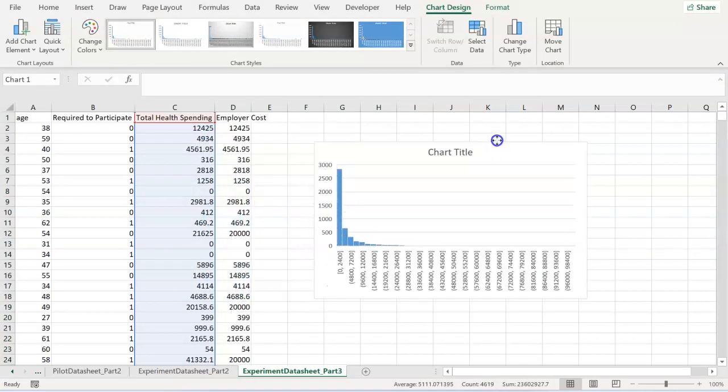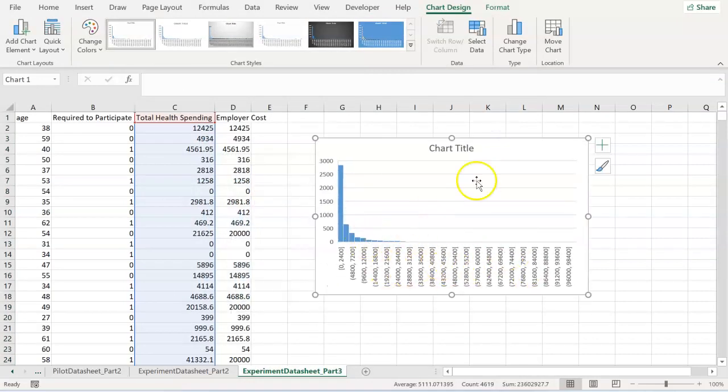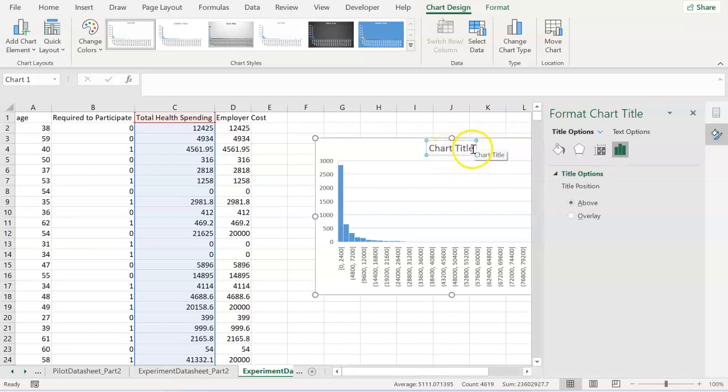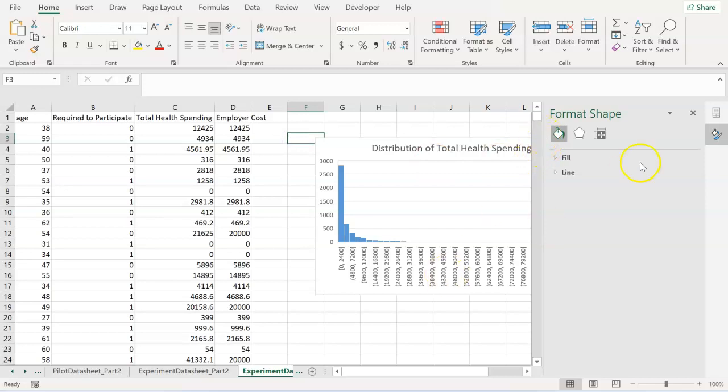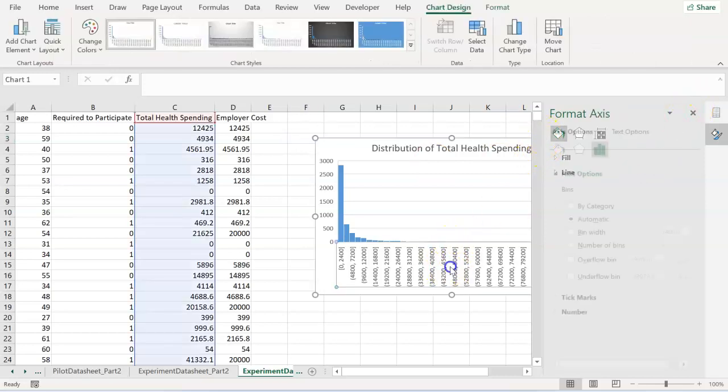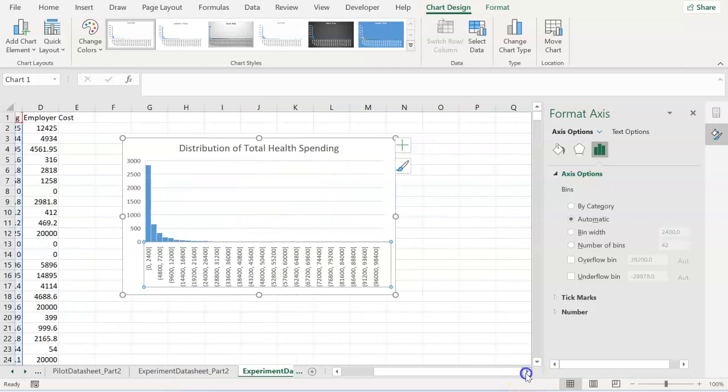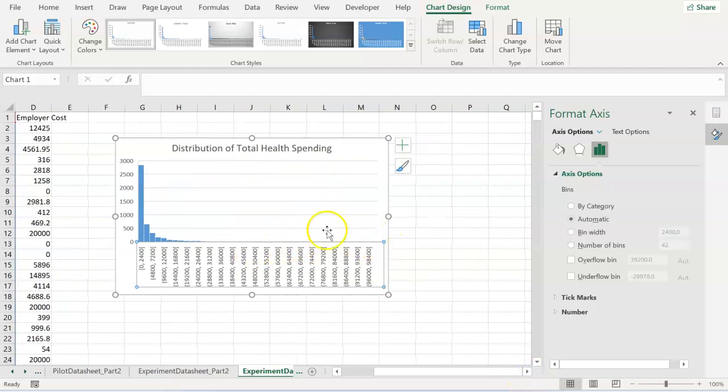So let's give it a title, and then we have to reformat. So this is the distribution of total health spending. Now I want to do an overflow because it looks like there are a lot of outliers here.